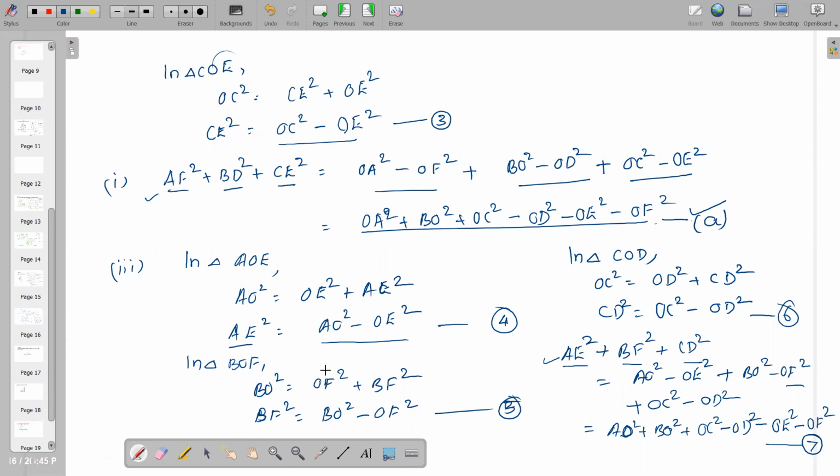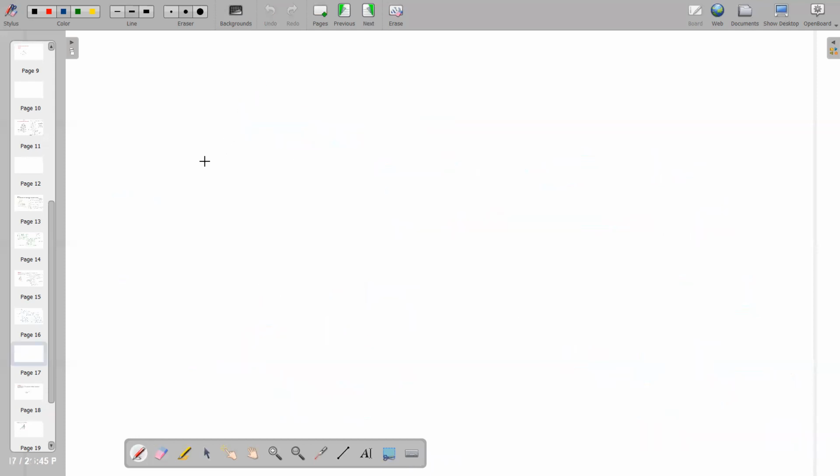Got it? So from equation A and equation 7, we can say one side is equal, therefore the other side is also equal.